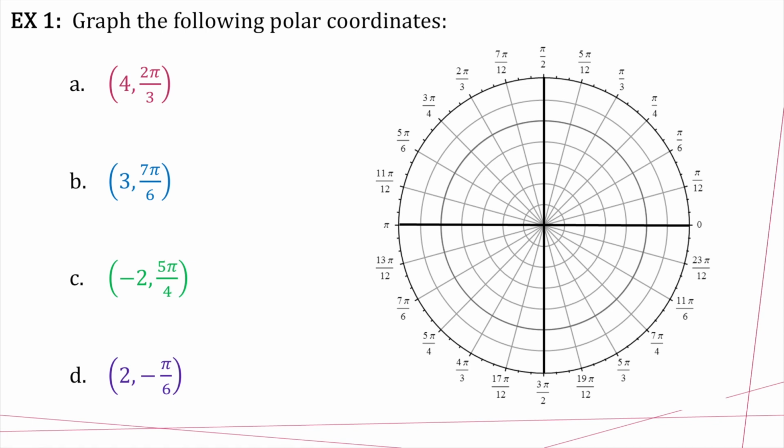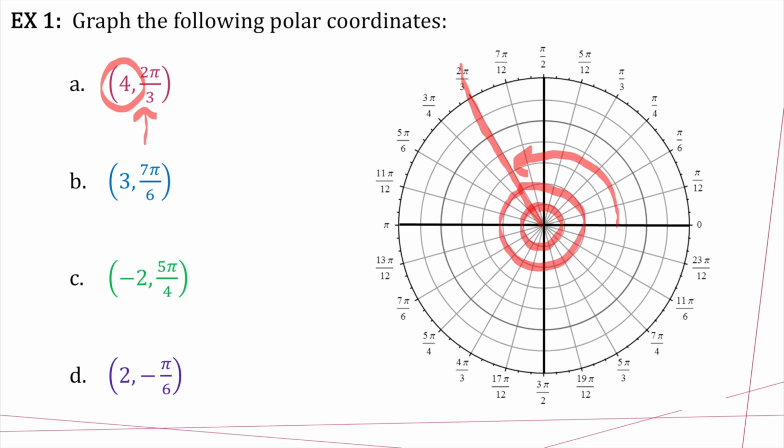The first one is 4, 2 pi over 3. So let's look at the 2 pi over 3 first. And that's an angle coming from the x-axis all the way to 2 pi over 3 right here. And then the 4 is a distance from the origin. And we'll say each of these circles represents 1.